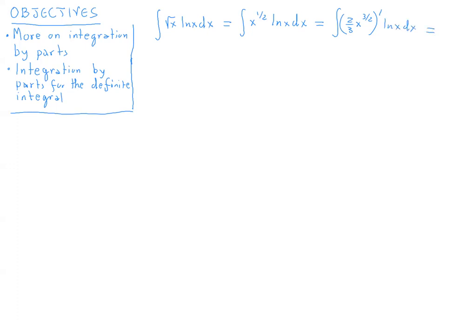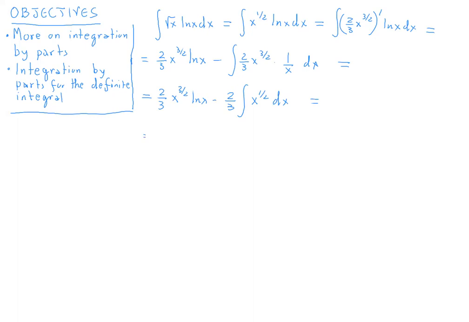And now we can get our integration by parts engine going. So this will be 2/3 x to the 3/2 ln of x minus, and now we're taking the derivative over to ln of x. That becomes 1 over x. So this will be the integral of 2/3 x to the 3/2 times 1 over x dx, which of course changes to 2/3 x to the 3/2 ln of x minus 2/3 x to the 1/2 dx.